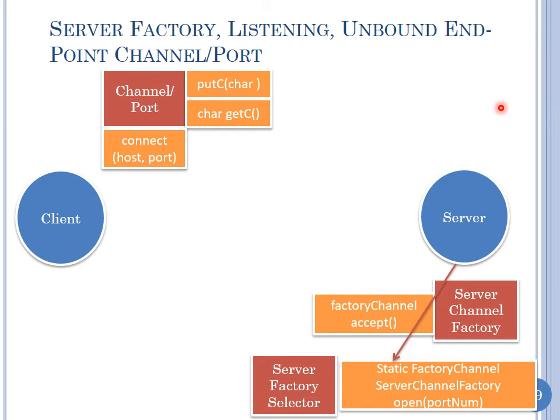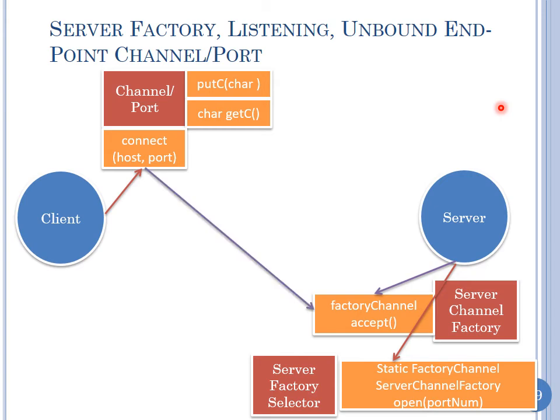The server first creates this channel using some static method. And there's only one of these channels per port number, so it does it only once. So there's a static method, and then there are these instance methods later.